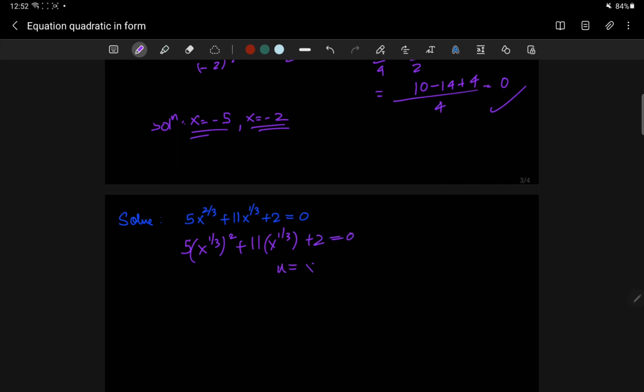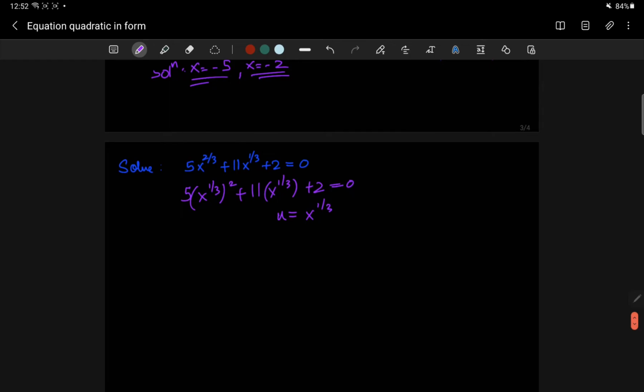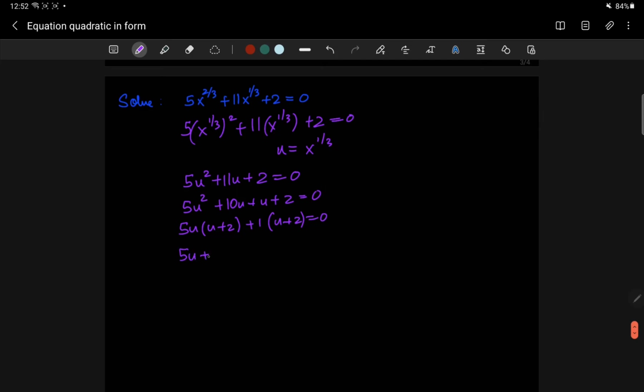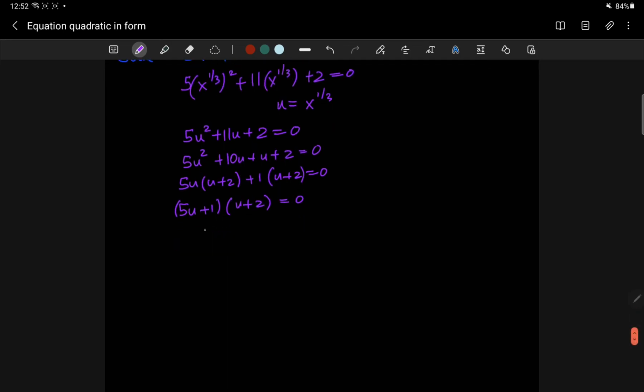And then we let u is x to the 1/3 to give 5u squared plus 11u plus 2 equals 0. Again, splitting the middle term, 10u plus u plus 2 equals 0. 5u times u plus 2, plus 1 times u plus 2 equals 0, giving 5u plus 1 times u plus 2 equals 0, each of which gives u is negative 1/5 and u is negative 2.